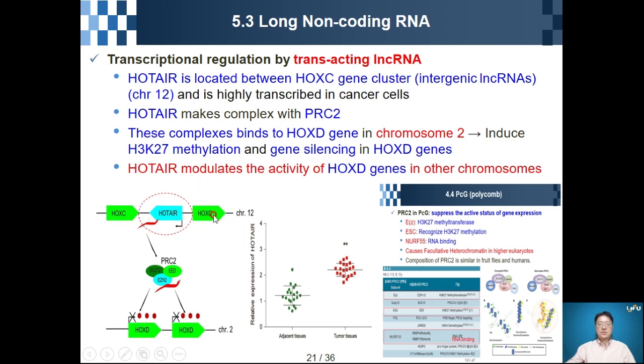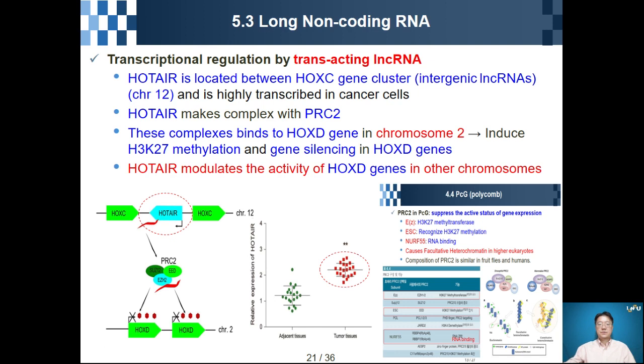HOXC genes are located as a cluster. Because HOTAIR is located between one gene and the other gene, we call it an intergenic long non-coding RNA. HOTAIR is located in chromosome 12, and this long non-coding RNA is highly transcribed in cancer cells.